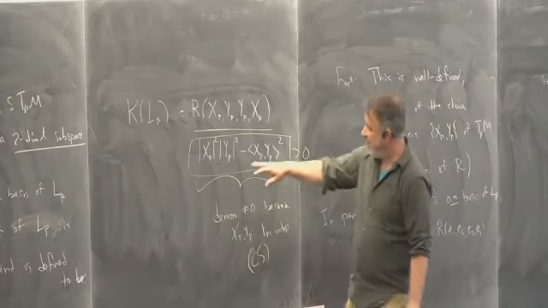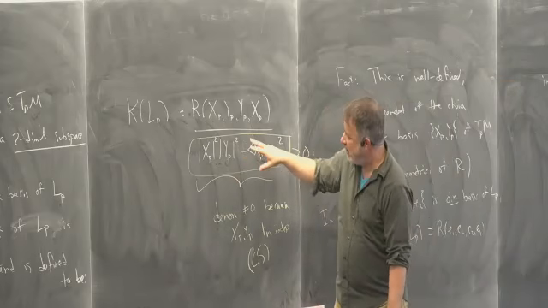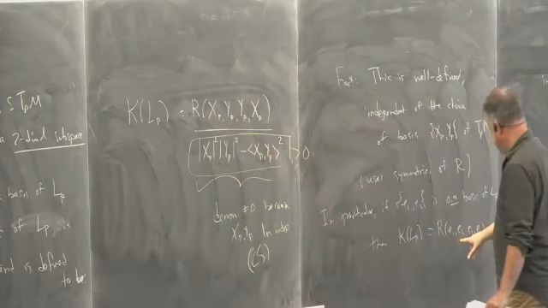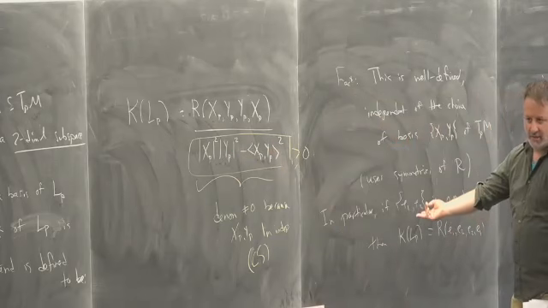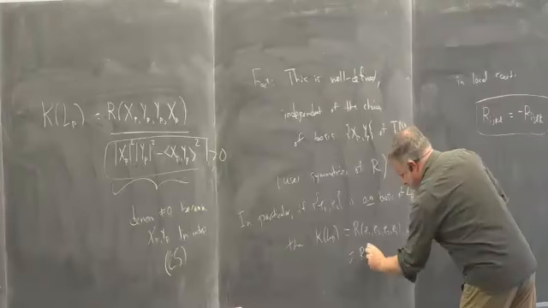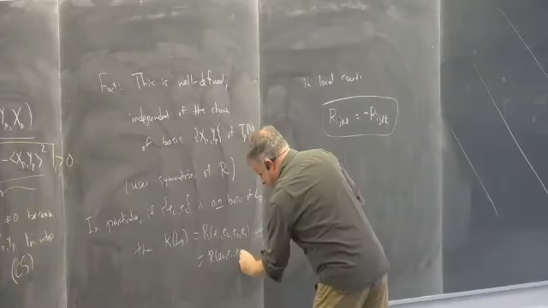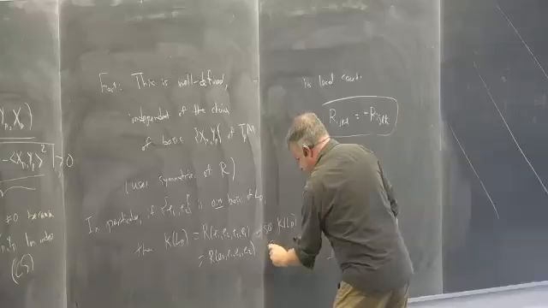Because for an orthonormal basis, this is 1, this is 1, this is 0, so the denominator is 1, and then I just have this. If I swap the order of 1 and 2, I swap these and swap these, I get 2 minus signs. They cancel. So it doesn't depend on orientation in any way. This is equal to R of E2, E1, E1, E2. So K of LP doesn't depend on orientation.